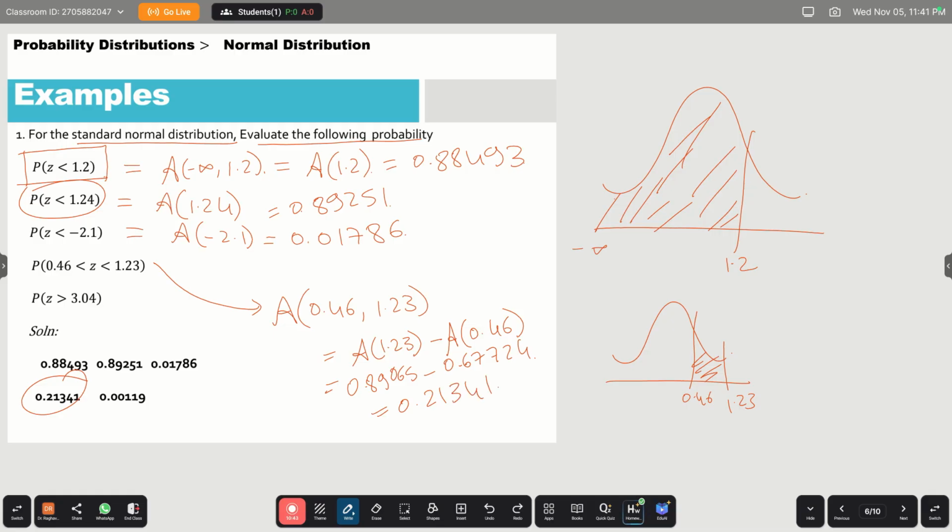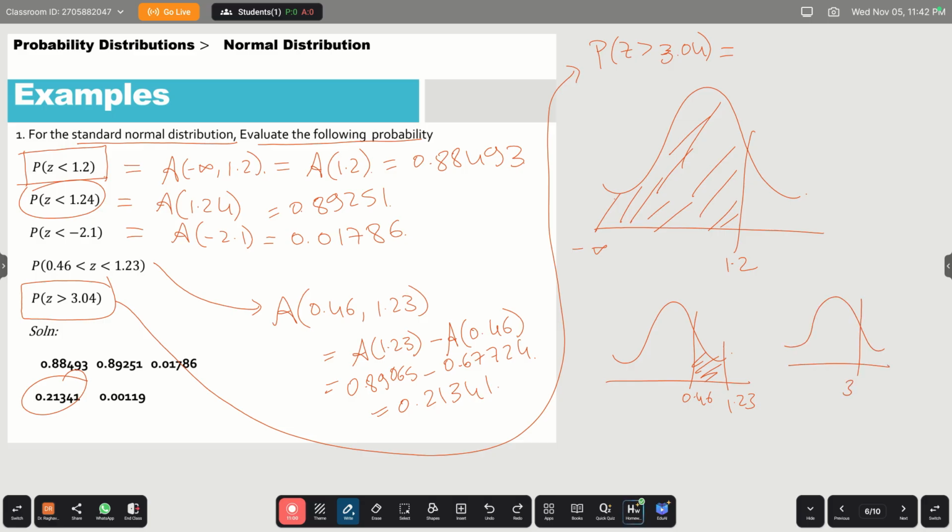And now one more example: the probability of z greater than 3.04. So this is the area after 3.04, which will be somewhere here, from 3.04 to infinity. How do you find this area?